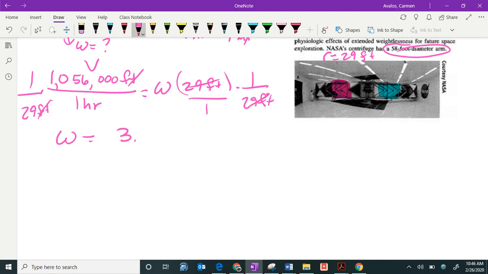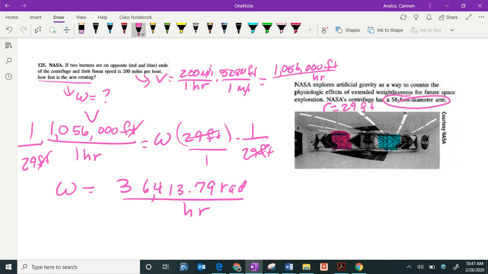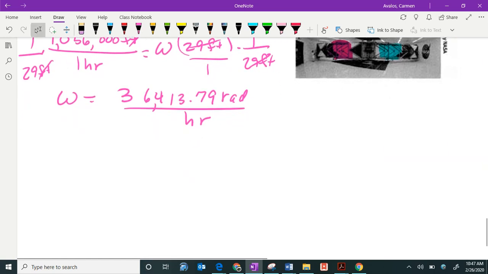So it's going to be 36,413.79 radians per hour. I'm sorry, I did the comma in the wrong place. And so that's what we have the angle to be. The only problem there is that's the angle being made. They want to know how fast it's rotating. So one rotation is 2 pi. So we're going to change this to rotations by multiplying by rotations over radians.